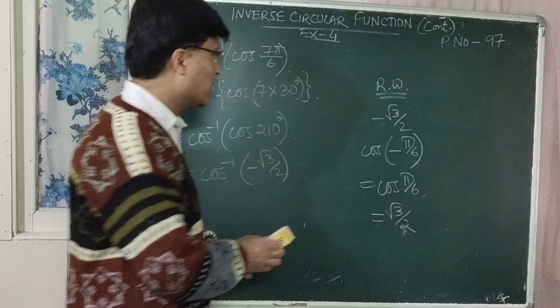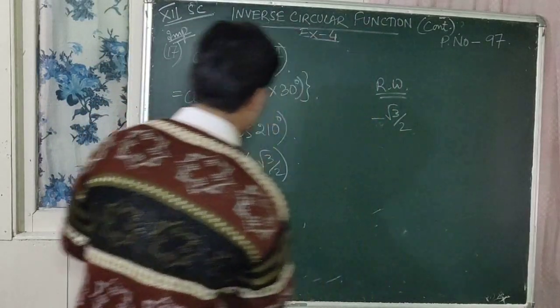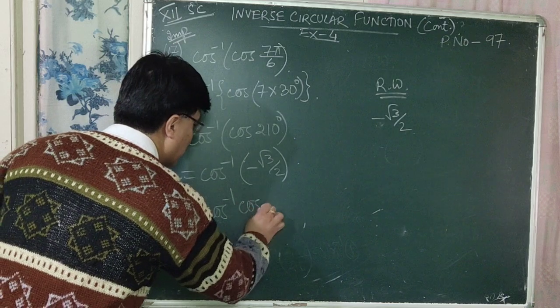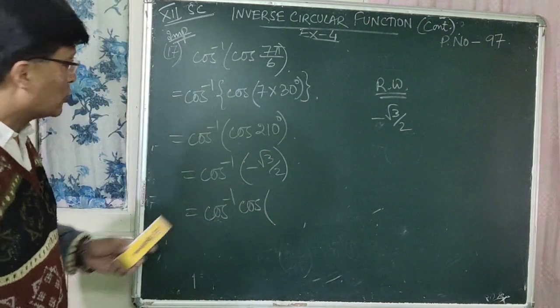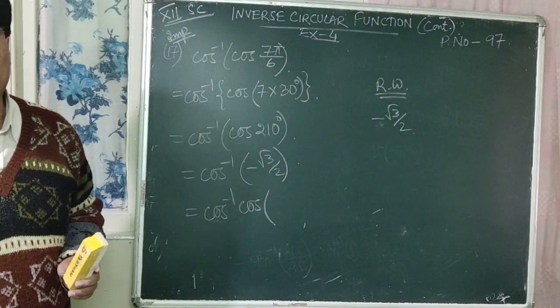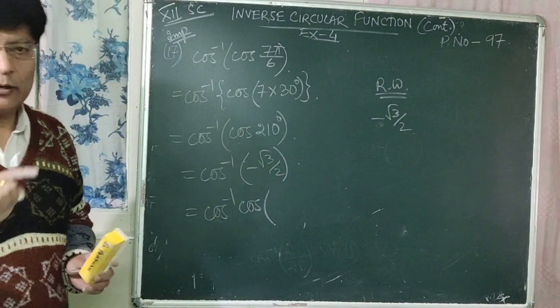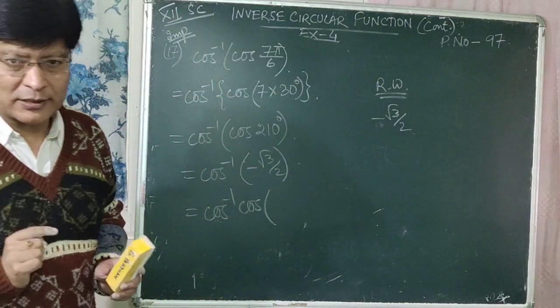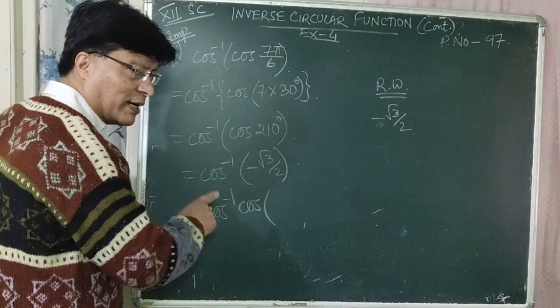Second quadrant, right? So now the cos inverse cos: cos of which angle in the second quadrant is minus root 3 by 2? So you should write here 180 minus, but don't write 90 plus. I told you the reason, isn't it? So you have to write 180 minus.